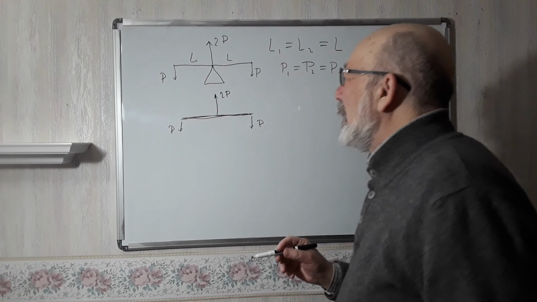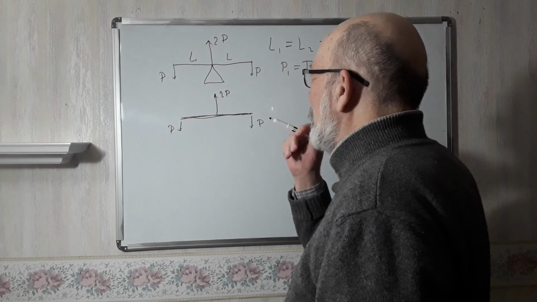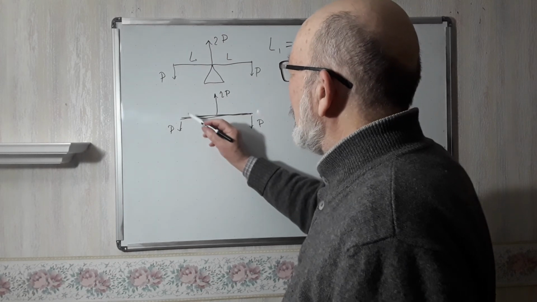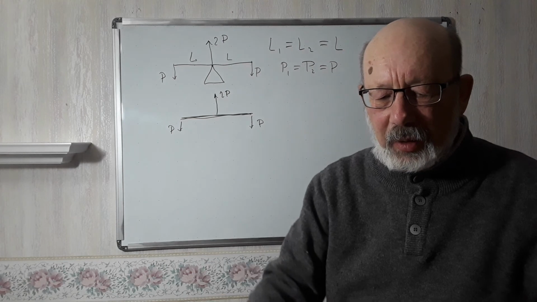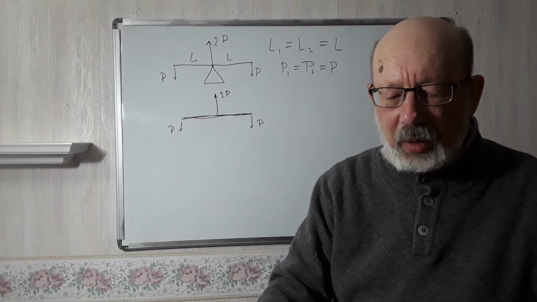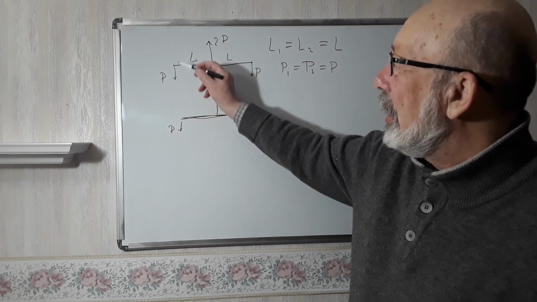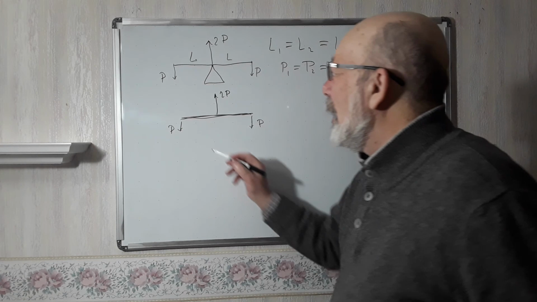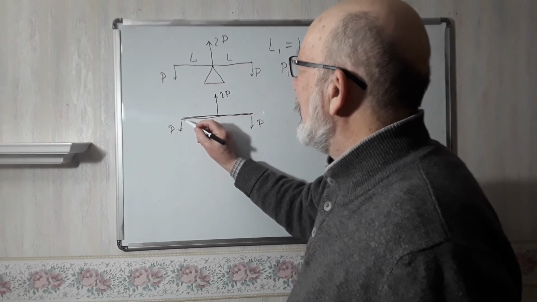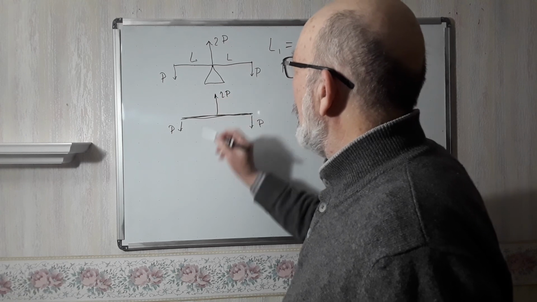And now we can make the next substitution. Instead of this force, the force can be made by, say, two masses suspended at the point. We can replace this force P by another support.